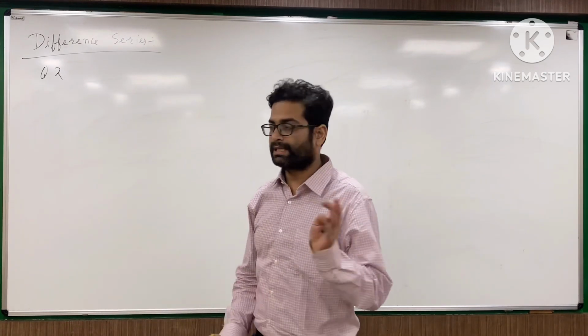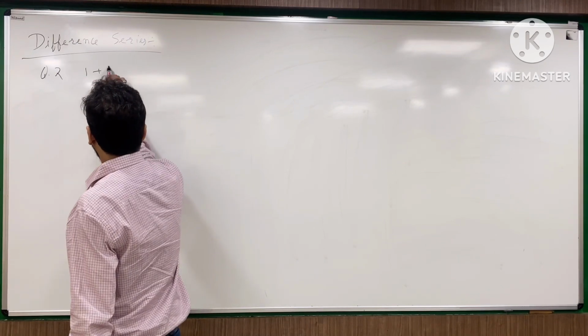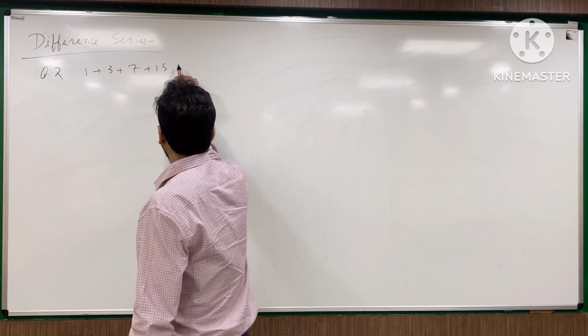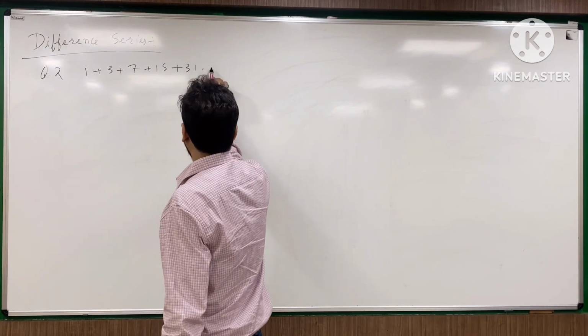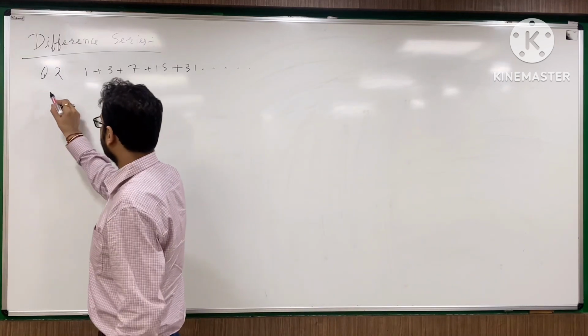Another example of different series is 1 plus 3 plus 7 plus 15 plus 31 and so on. How to find the sum of the series?